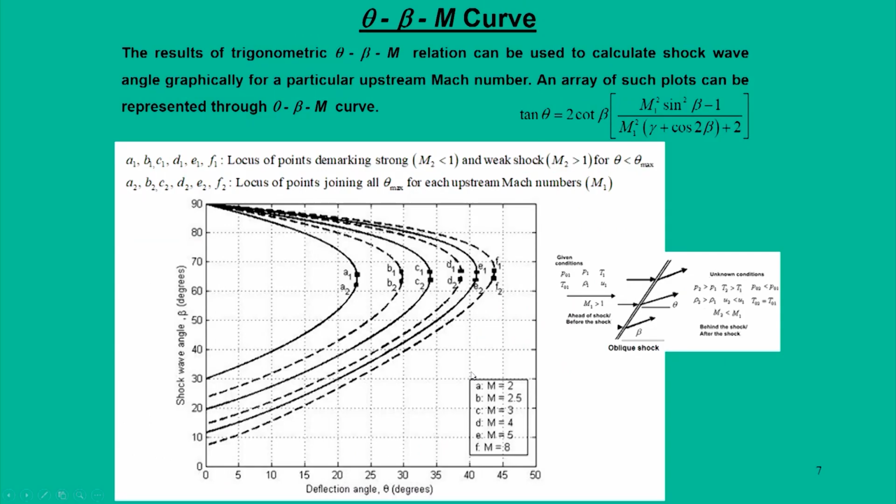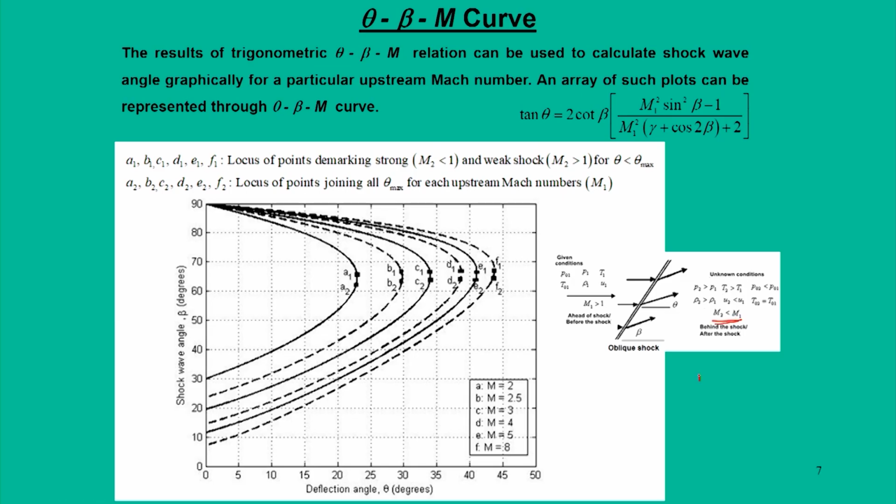Here, another observation I can make is that if you look at some peak points A1, B1, C1, D1, E1 and F1, that means for a given Mach number there is a peak point which demarks the strong shock and weak shock situations. So, we say that here M2 is less than M1.